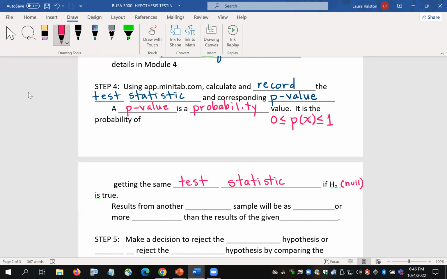over and over again. Or another way to think about it is that the results from another random sample will be as extreme or more extreme than the results of the given sample.